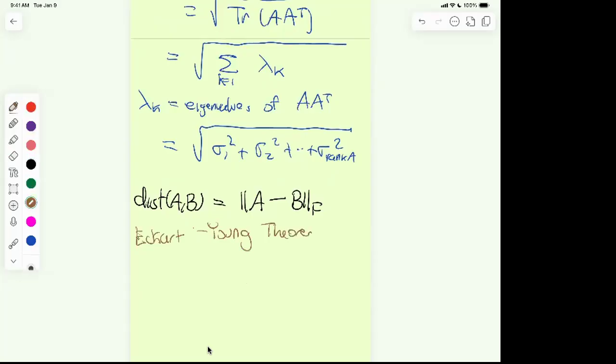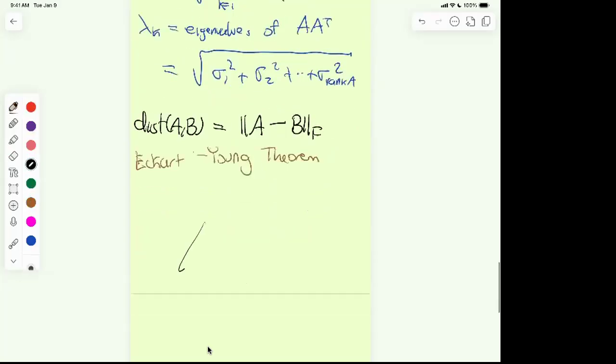I'll just make a picture. Think about a space of matrices of rank less than or equal to some number, let's call it P. All the matrices whose rank is less than or equal to P live here.